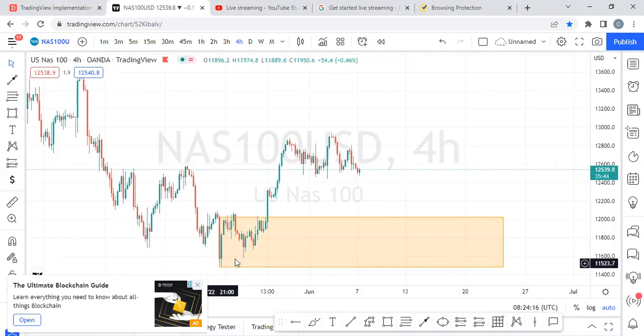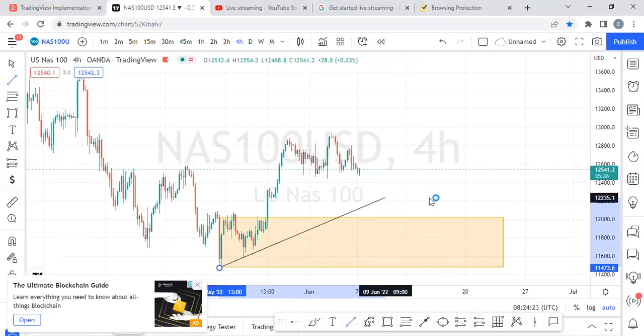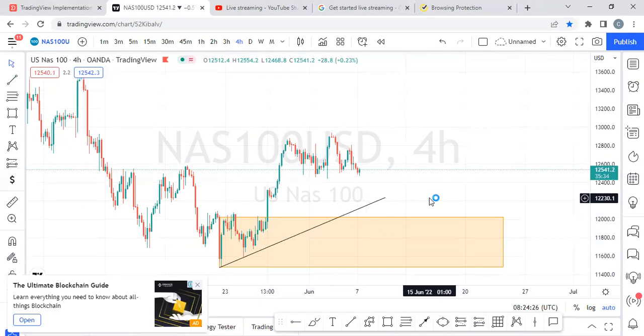So looking at this, we are seeing a kind of trend line liquidity forming at this point here. Trend line liquidity, so you can draw the trend line, right? We have a trend line liquidity forming there. Let's look carefully so I don't get burnt. Okay, so we mark our liquidity.